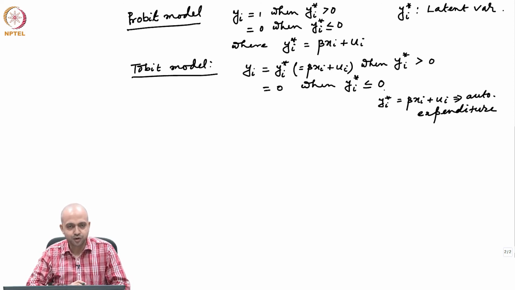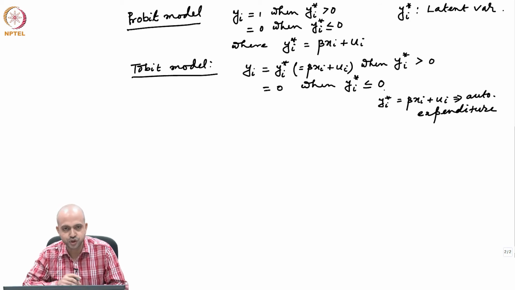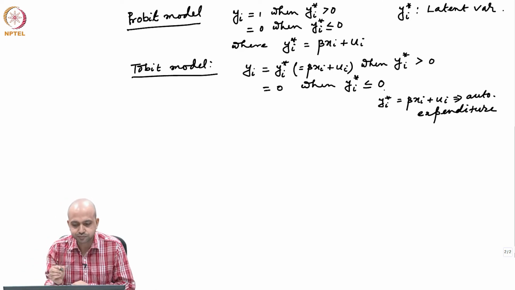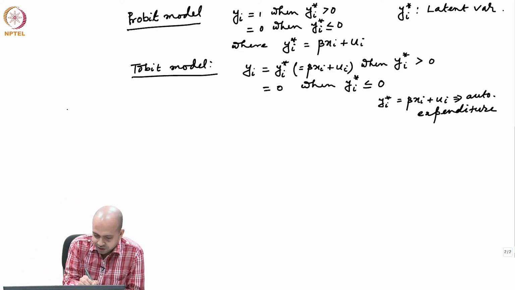In my sample, while estimating, I will include only those with positive expenditure. But how will you estimate the model? Can you remove those households with 0 automobile expenditure from your sample and estimate the model using OLS? That is the first question that comes to our mind.